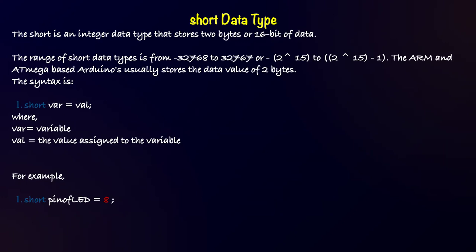The ARM and Atmega based Arduinos usually store data values of 2 bytes. The syntax is the same: short var equal to val. We don't need to worry about the syntax for everything because all the syntaxes are more or less the same. In real time code, again, short pinOfLED equal to 8. Now don't think that since it is saying 8, we have to give 8. Nothing like that. The first part is important.